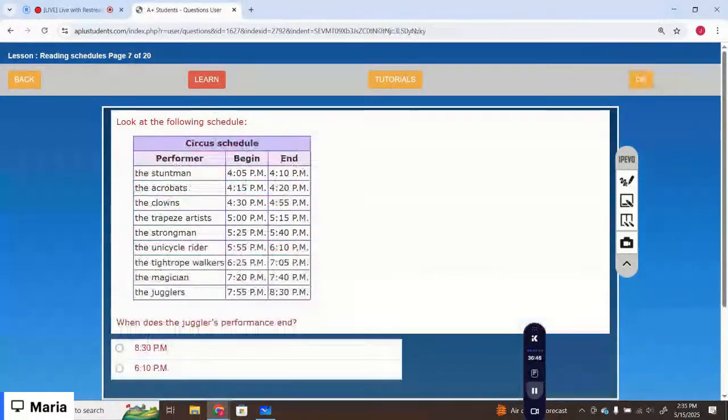Look at the following schedule. When does the jugglers performance end? That is 8:30. Option number one is the correct option.